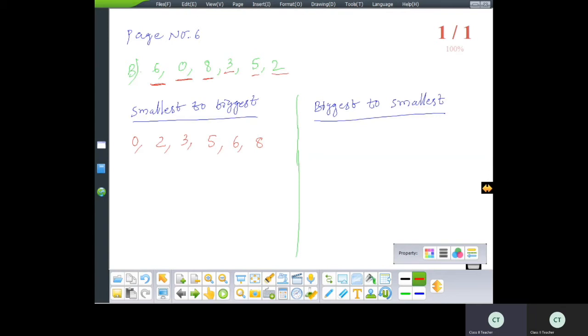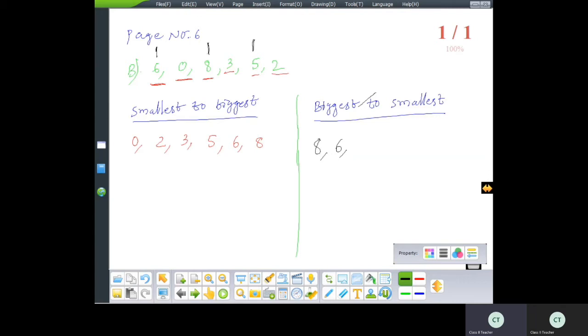Now, the given numbers from biggest to smallest. 6, 0, 8, 3, 5, 2. Which is the biggest one? 8 is the biggest one. Next one is 6.